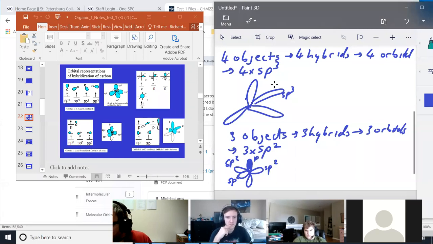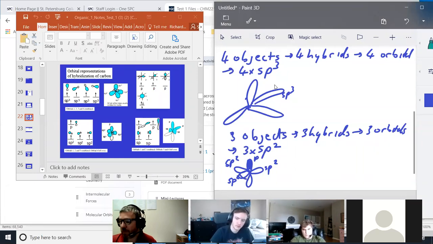But the p orbital is above and below the plane there, and all of the sp2s are in the same plane. So that's trigonal planar there. All right, so that's the sp2, and then the sp.